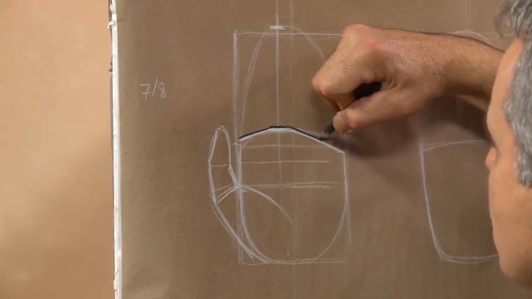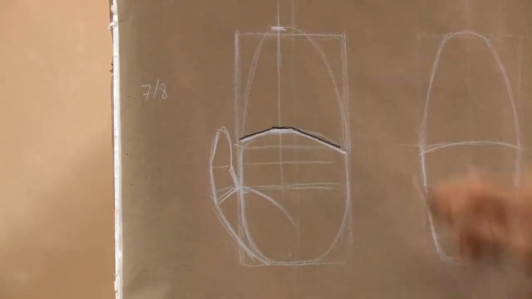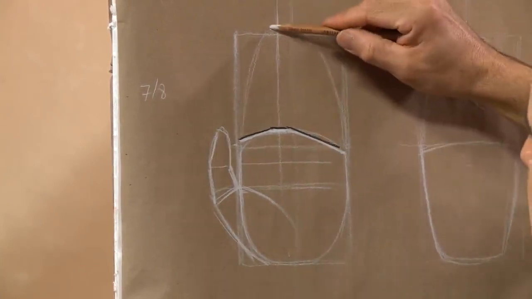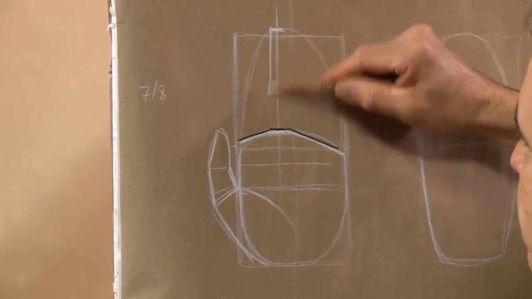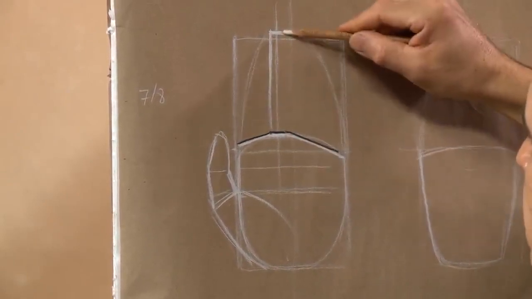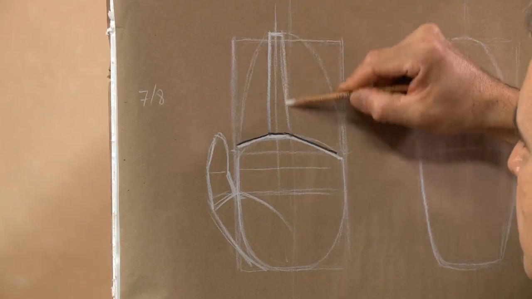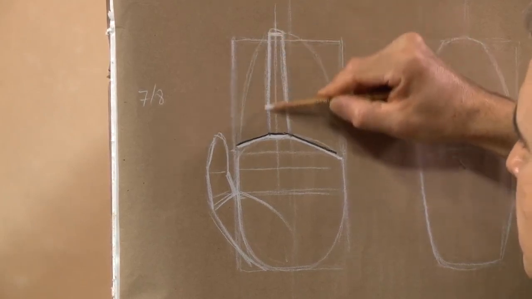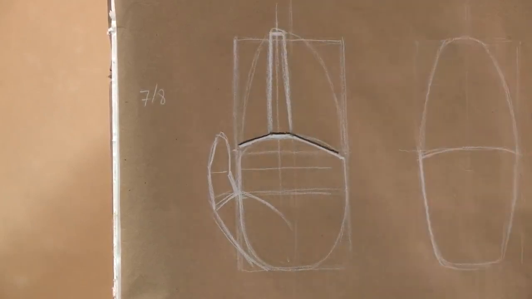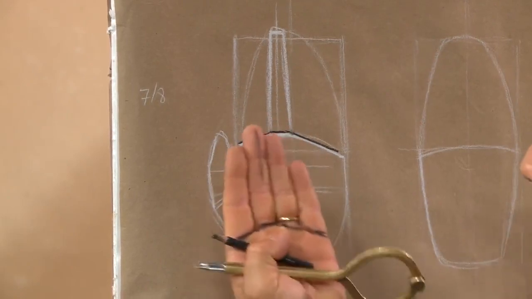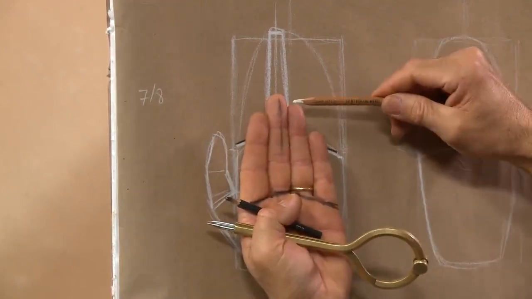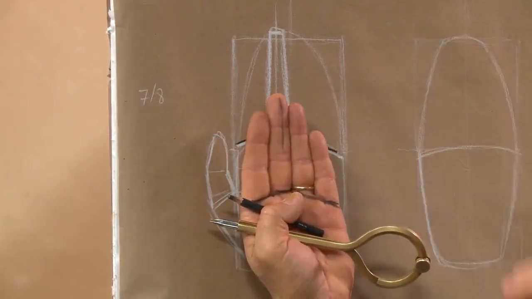What I want to do, I want to start positioning the middle finger here. So the middle finger is going to be the longest finger here and here. And then I'm going to have the second longest finger, the ring finger, okay?